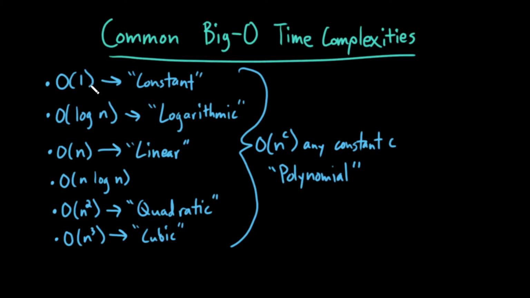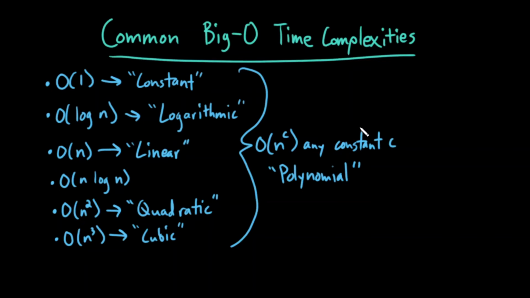N to the 0 is an upper bound on this. Logarithmic time is polynomial time because big O of n to the 1 is an upper bound on big O of log n. Big O of n is just big O of n to the 1. N log n is also polynomial because big O of n to the 2 is larger than big O of n log n, and so on and so forth. So anything that is upper bounded by big O of n to some constant is called polynomial, even if it already has another one of these names.